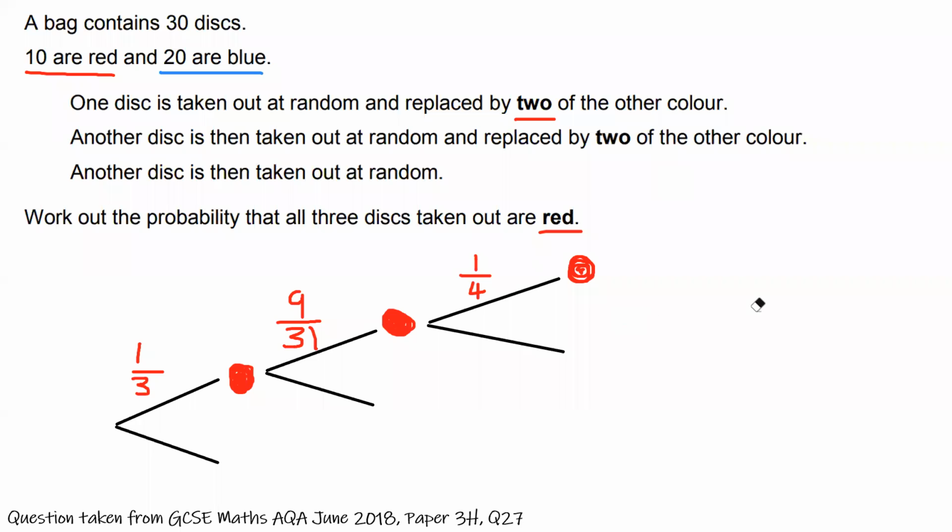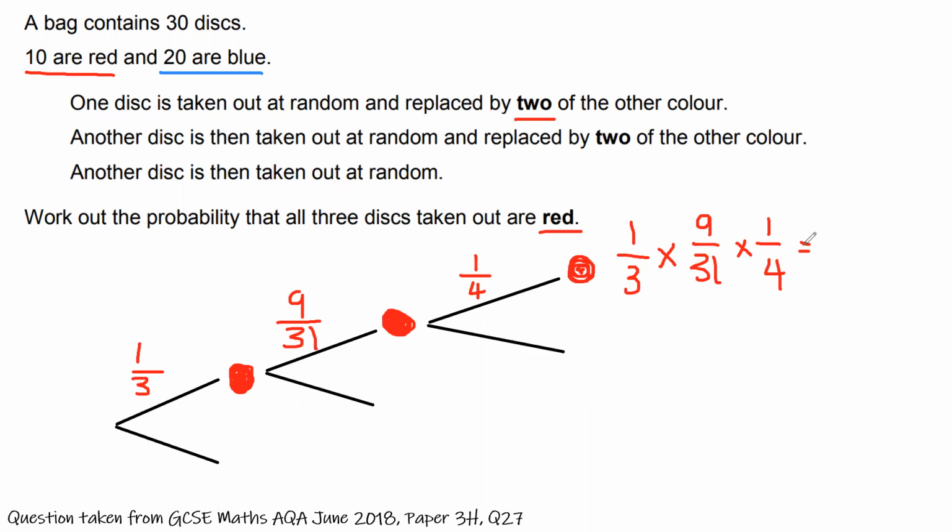Okay, so now we have the 3 probabilities that we need. We needed the probability the first disc is red, the second disc is red, and the third disc is red. This is the probability that all 3 of the discs are going to turn out red. So to work that out, we need to do 1/3 times 9/31 times 1/4.